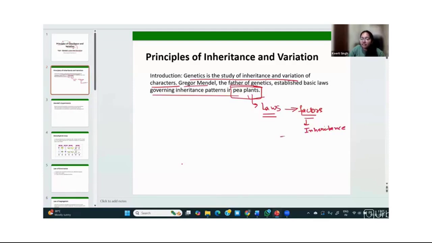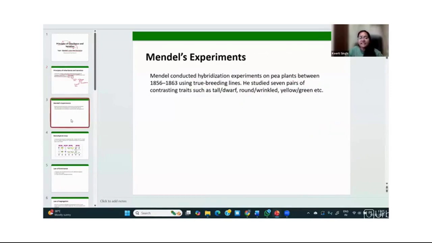And in today's modern biology, we know that these factors are known as genes. So these genes are responsible for any character that you can think of, right? So let's see how Mendel started his early experiment.